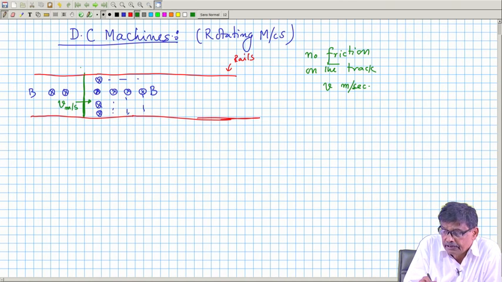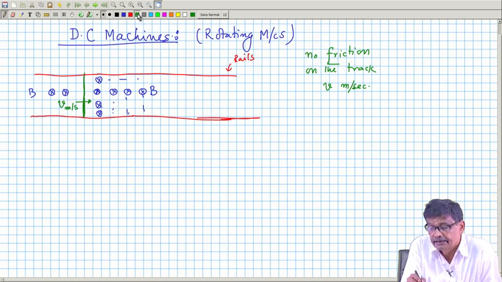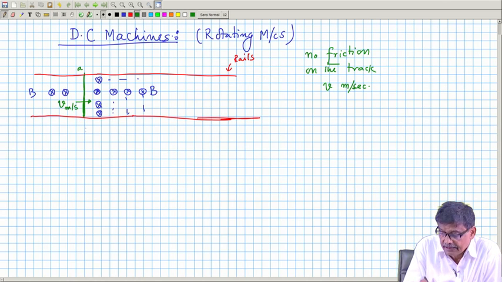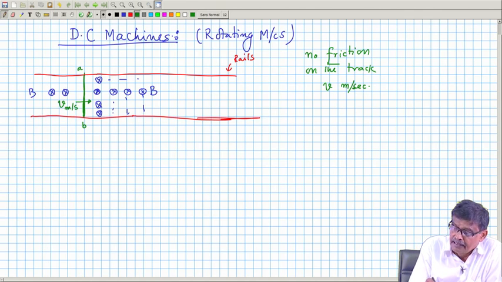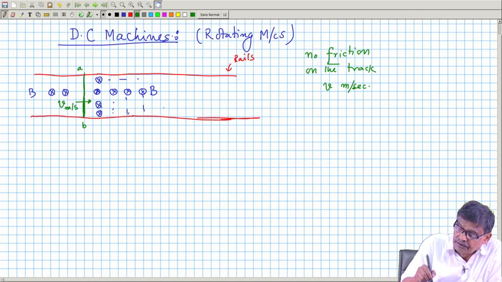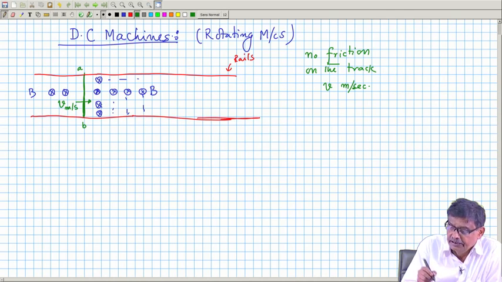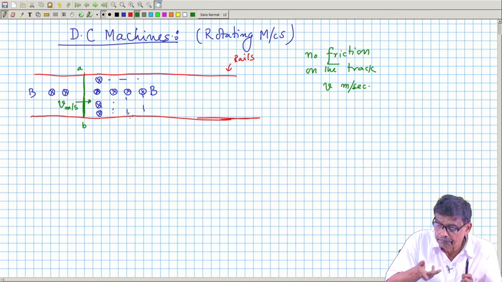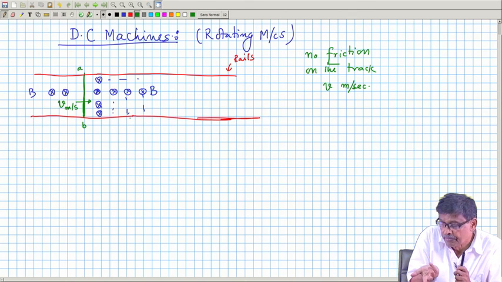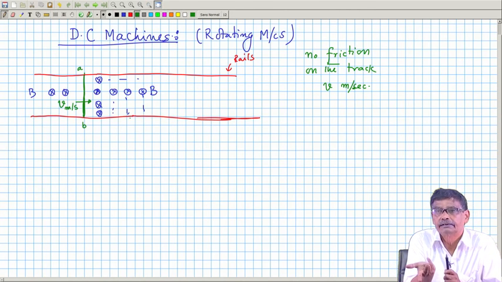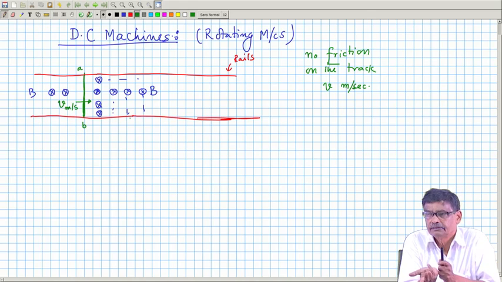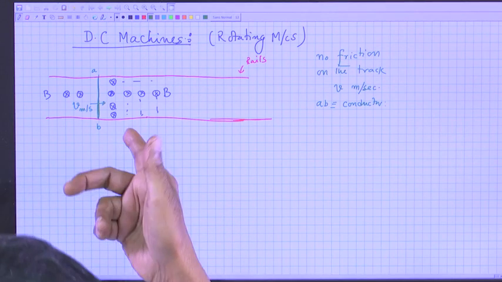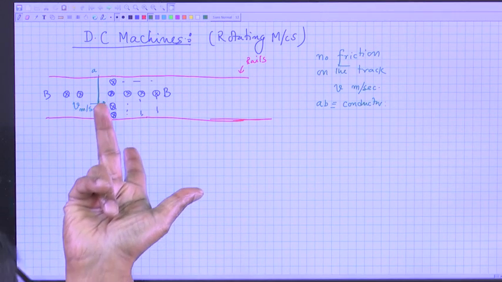And suppose this side of the conductor I name as A, and this side I name as small b, the two ends of the conductor. As the conductor moves, there is a B, there is a velocity, and these are at right angles. So, I can apply the right hand rule like this. You see there is a B here into the paper.